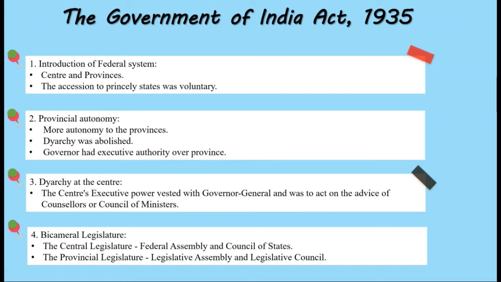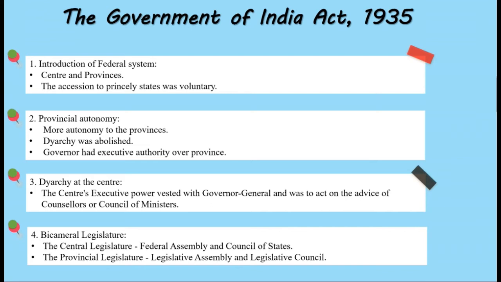Fourth, Bicameral Legislature. A. The Central Legislature was bicameral, consisting of the Federal Assembly, that is the lower house, and the Council of States, which was the upper house. B. The Provincial Legislature was bicameral, consisting of the Legislative Assembly and the Legislative Council.